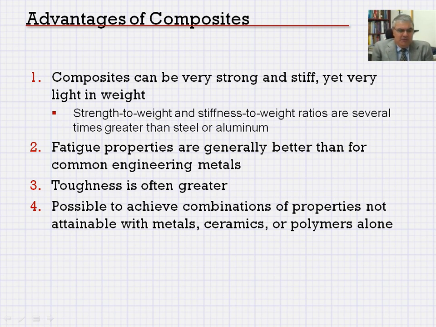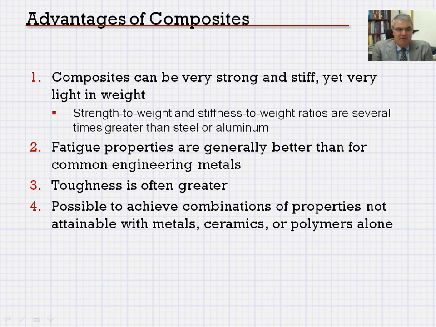We can also combine materials and achieve combinations that one material alone will not offer, for example metals, ceramics, and polymers by themselves. In the case of metals, steel is the material of choice in many applications, but not all, because sometimes the weight becomes excessive and we cannot build our airplanes out of steel.